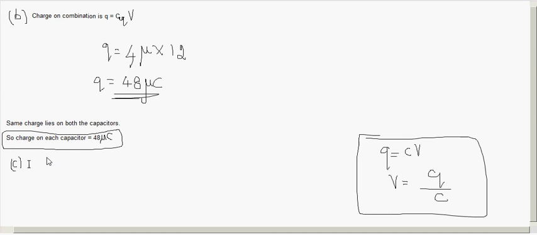V1 is equal to Q by C, that is Q is 48 micro by 20 micro.